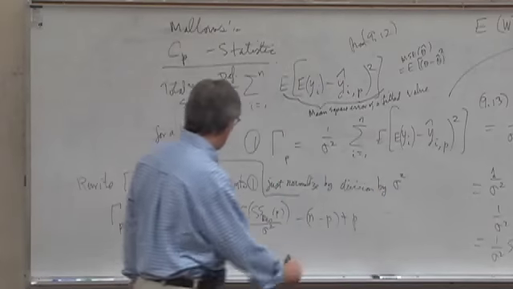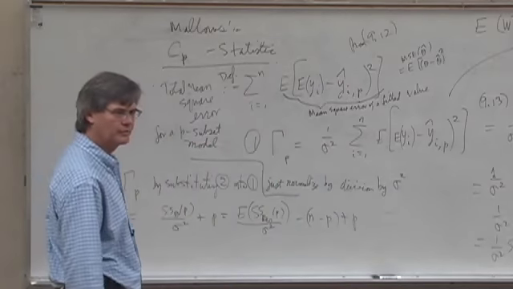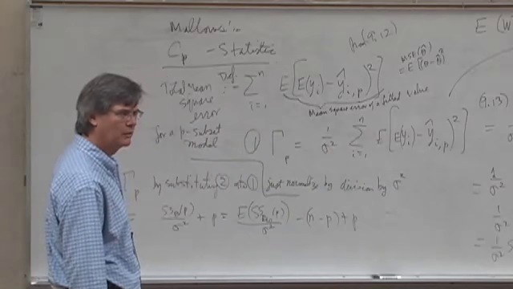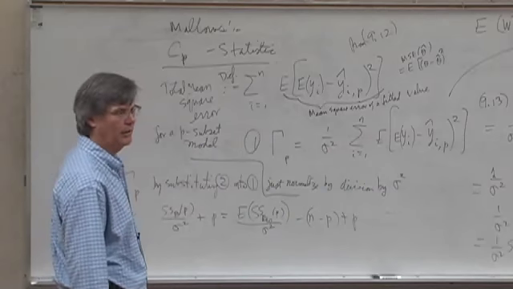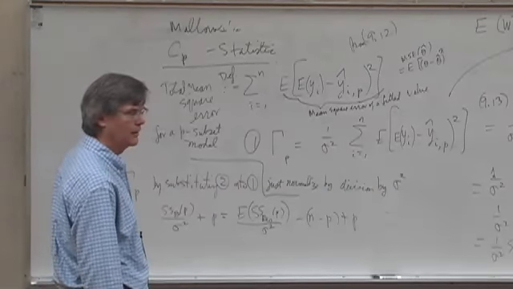Okay? That's an identity then, where sigma squared is the full model variance. So there's no hat on there or anything. That's just it. Okay?